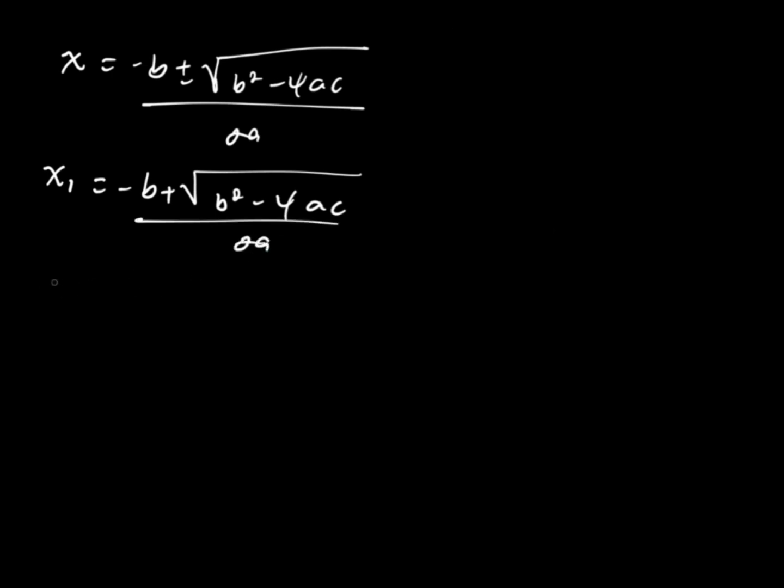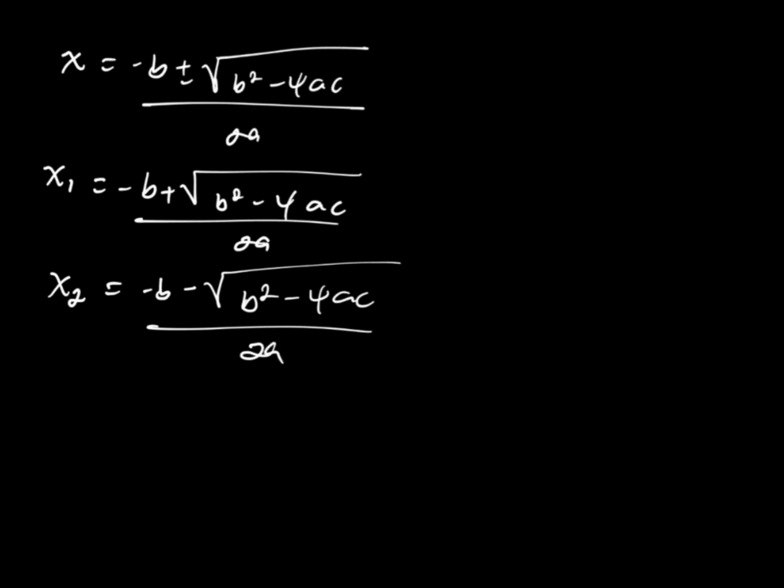At the same time, another root, because a quadratic equation normally has two roots, would be negative b minus root of b squared minus 4ac divided by 2a. These are the roots of the quadratic equation. So let's try to get the sum first.